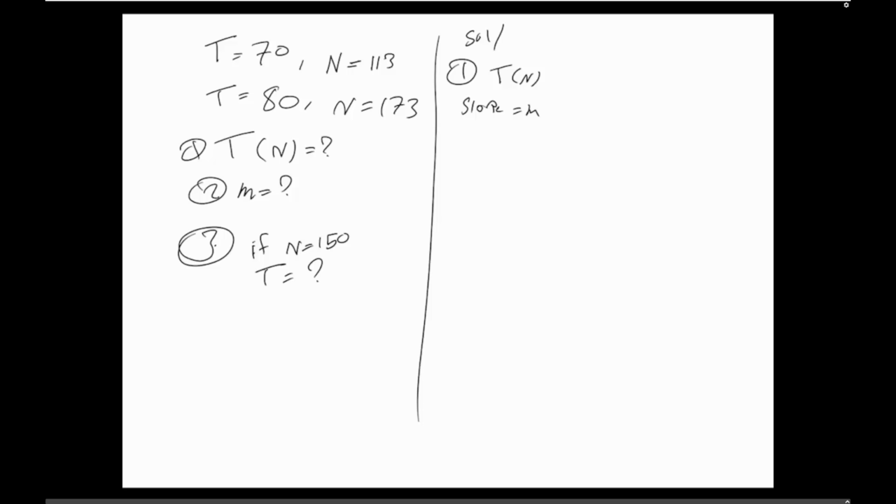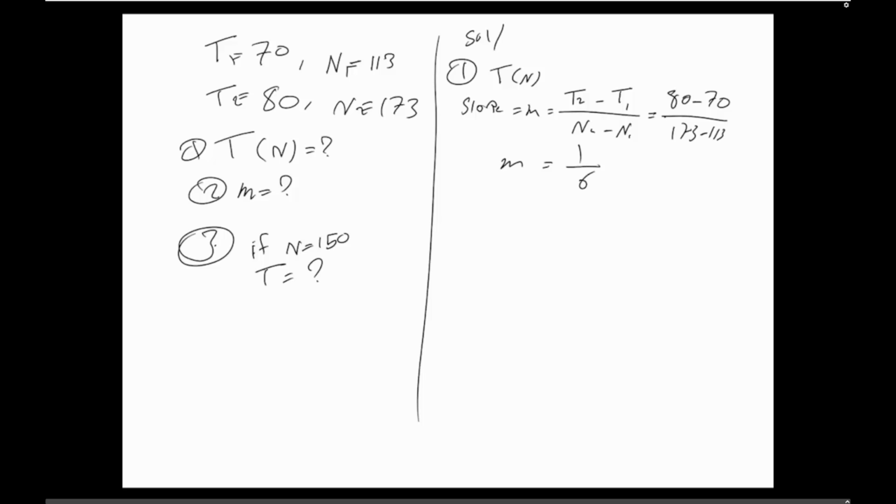We're going to name it m, and m equals t2 minus t1 over n2 minus n1. In this case t2 is 80 minus 70, and n2 is 173 minus 113, and we're going to get a value of 1.6.